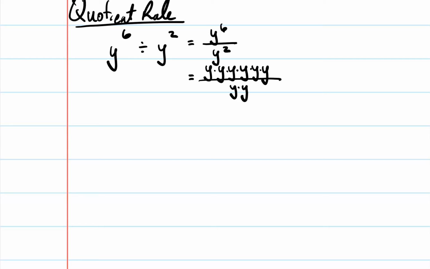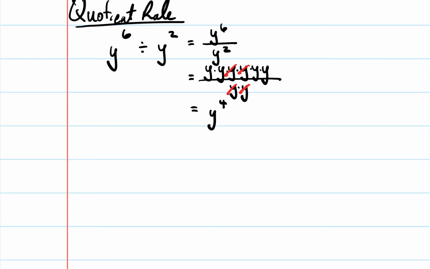Well, what are we allowed to do if we've got repeated multiplication in the top and the bottom, where some of those factors are exactly the same? Hopefully you recall that if we are separated by multiplication signs between the numerator and the denominator, then like factors can cancel out and reduce themselves. In this case, if a pair of y's cancel, that leaves me with a total of 4 y's, or in other words, y to the 4th power.